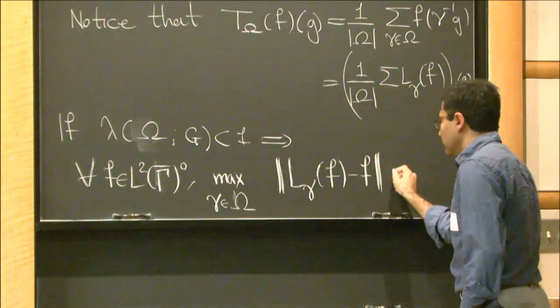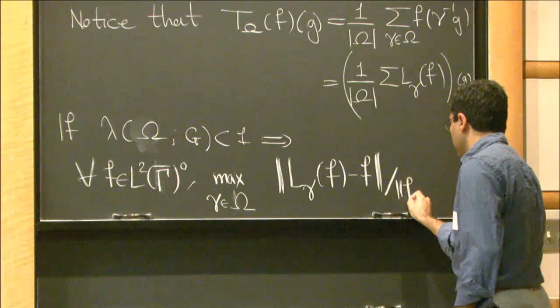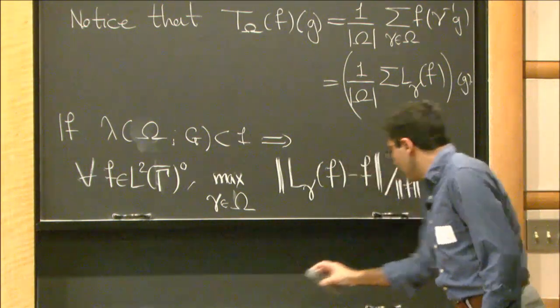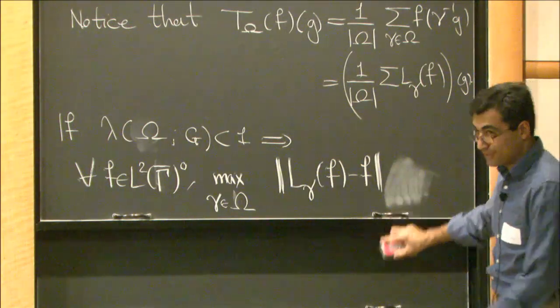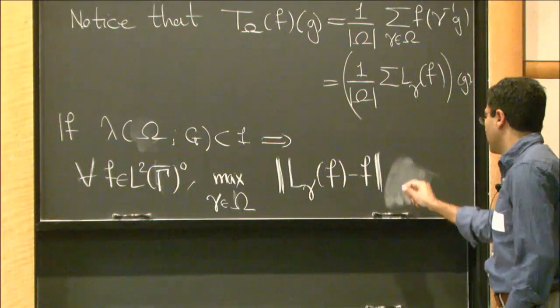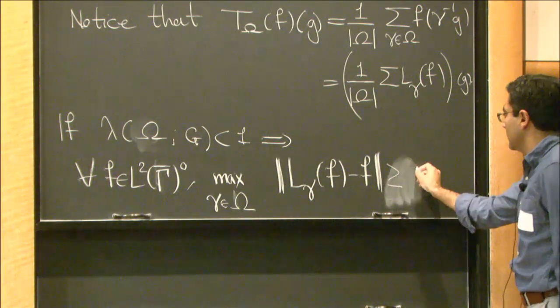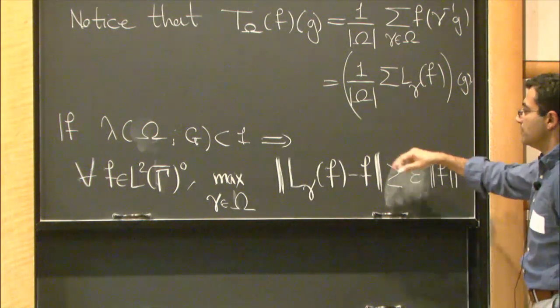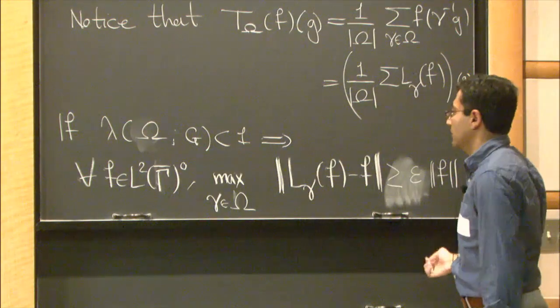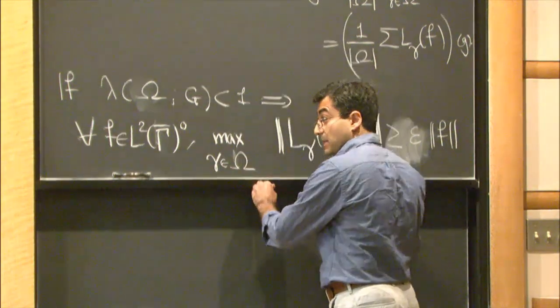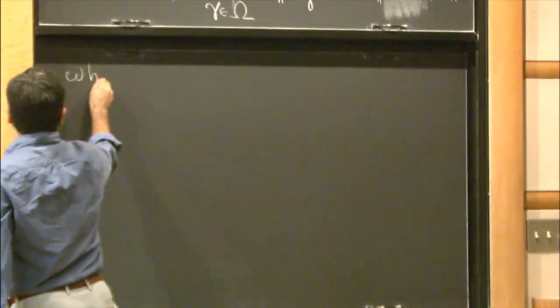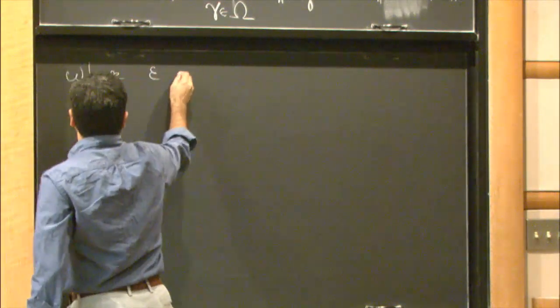Now I have to normalize it by the norm of f, or alternatively I can put it on the other side to avoid the 0 case. So at least one of these is going to be more than epsilon times the norm of f, where this epsilon depends on lambda. It doesn't depend on f. That's the important part.